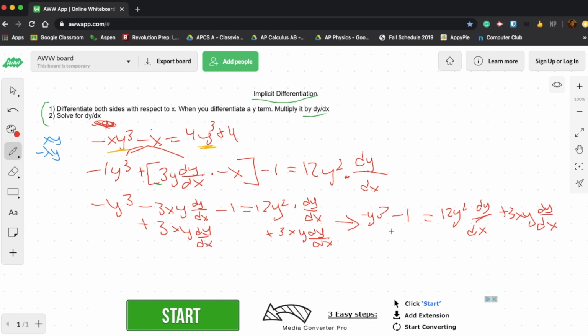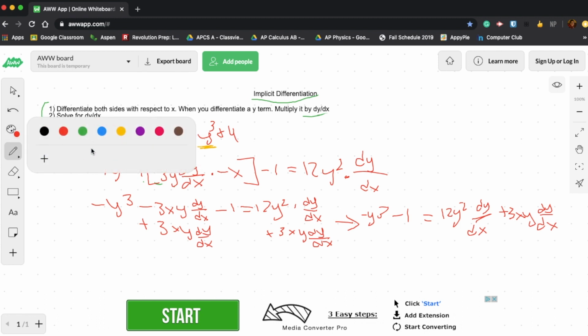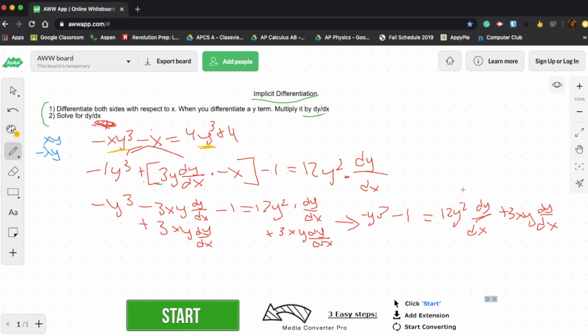Alright. And after you do that, what I recommend you guys doing is maybe take a different color pencil or whatever, circle the dy/dx. This way you can see that you can factor them. So going on, I'm going to continue over here. I know it's kind of messy. So currently we have negative y cubed minus 1 equals 12y squared dy/dx plus 3xy squared dy/dx.